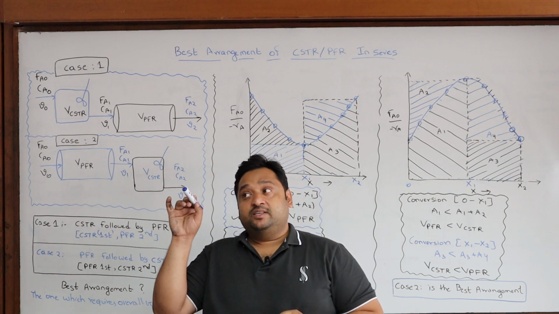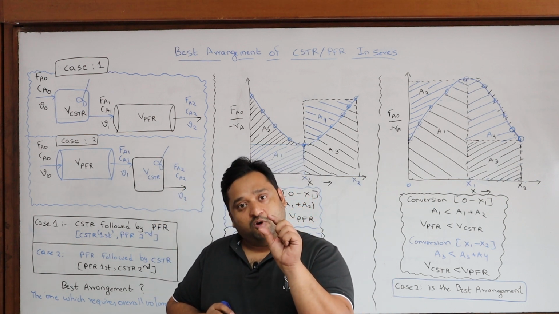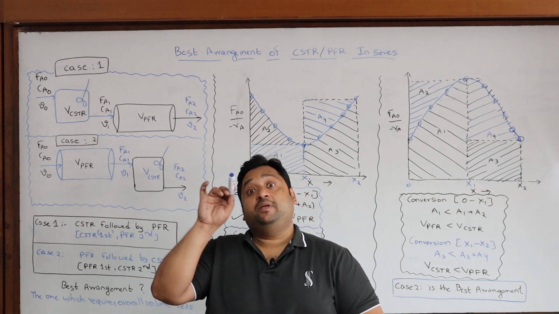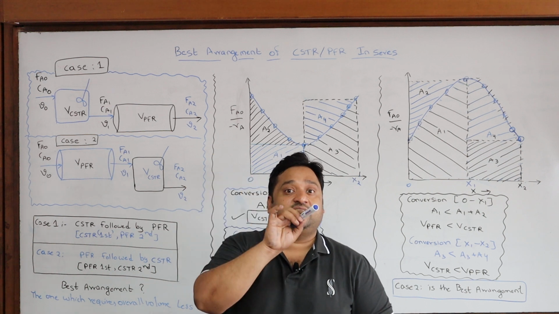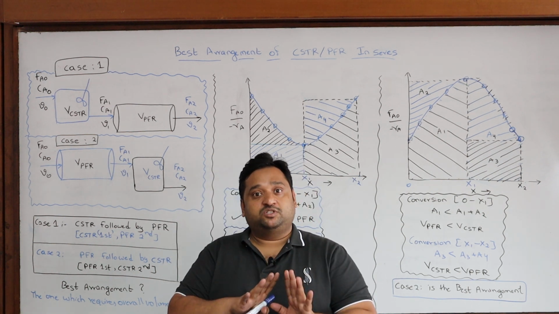If I keep the CSTR first and the PFR second, and I get a lower overall volume, then that is the best arrangement. If I keep the PFR first and the CSTR next and I get the minimum volume, that is the best possible arrangement.